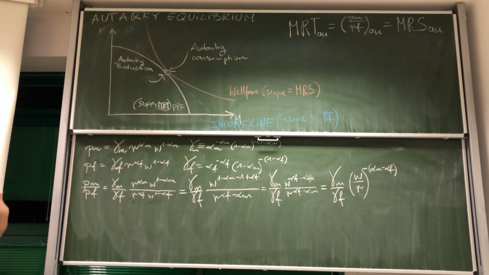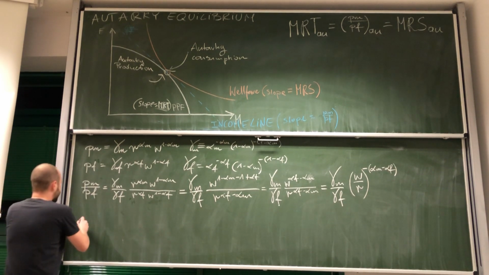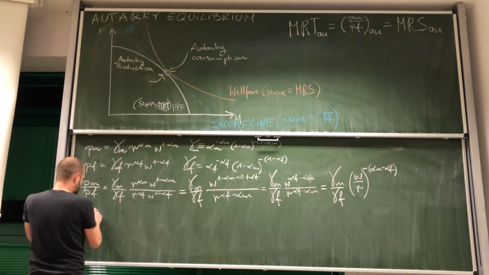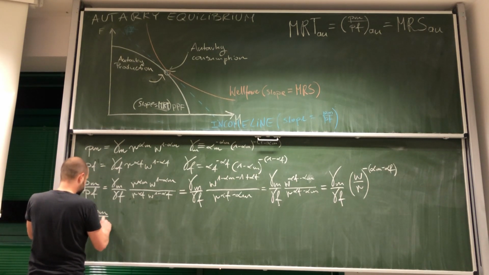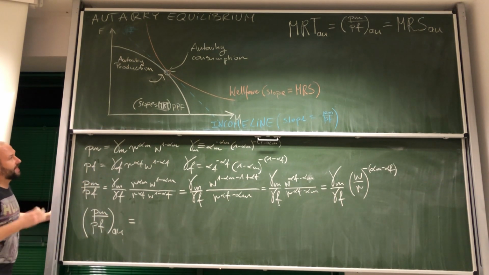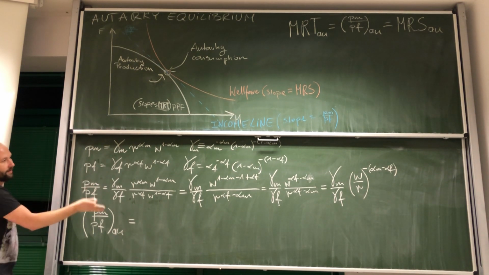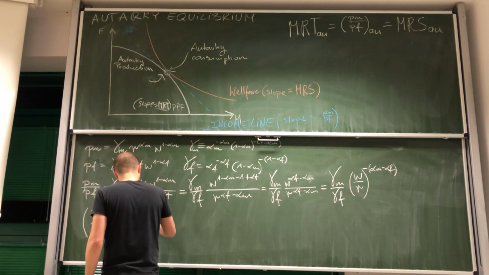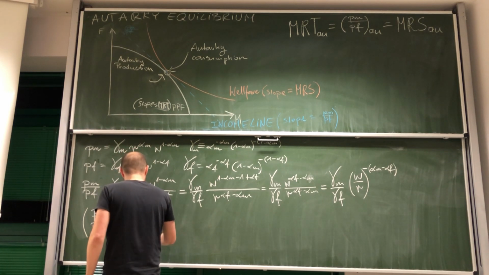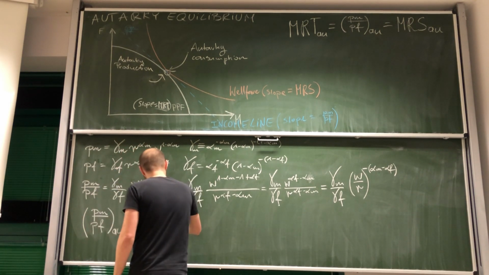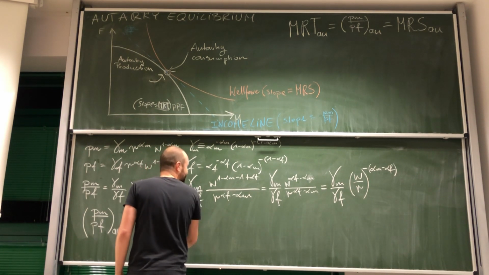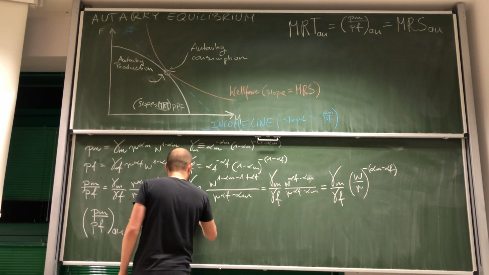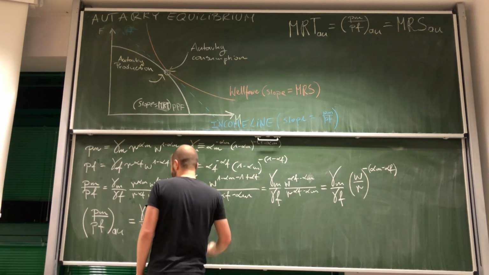Okay, so look, in other words, now we can say that the price ratio in autarky can be expressed as the sole function of wage and rent: gamma m over gamma f times wage over rent to the power negative alpha m minus alpha f.